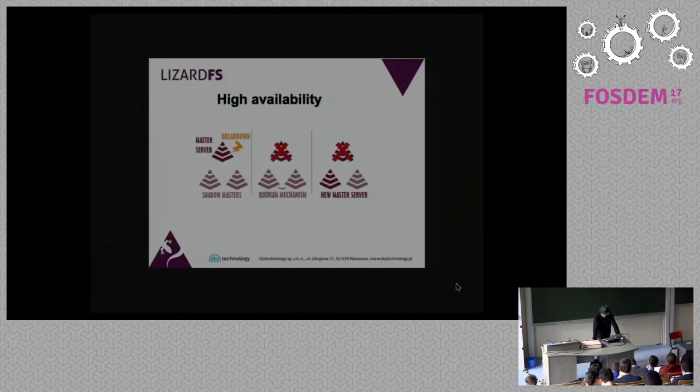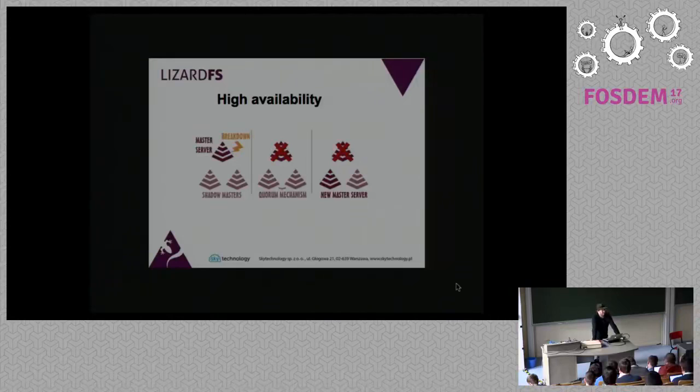Okay, so we have a system that we developed for the master server high availability, which is based on the REST protocol and is using a quorum. The reason why we developed that is that we had quite some problems with using what was available there.